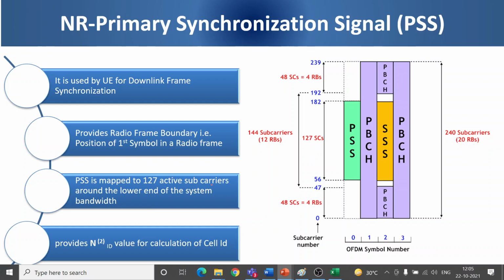As I explained initially, with PSS and SSS decode, with PSS the system will know the first symbol in a radio frame, and then it will also know a value called N2, which will be used to calculate the cell ID.